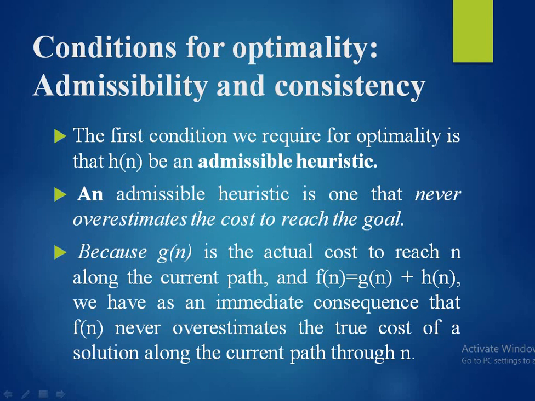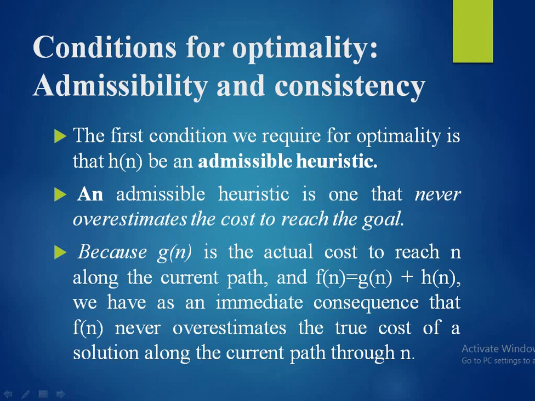Now what is meant by an admissible heuristic? An admissible heuristic is one that never overestimates the cost to reach the goal. Okay, so the cost should not be overestimated, and then it will be called an admissible heuristic.